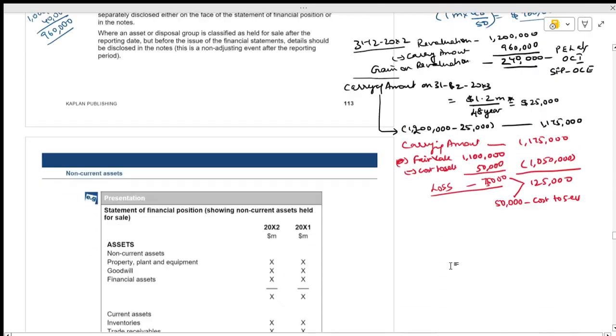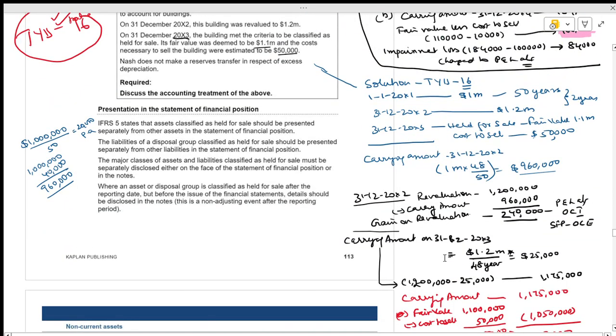Okay. What it says about presentation, how we have to make a presentation. Any asset held for sale should be presented separately from other assets. The liabilities of the disposal group classified as held for sale should be presented separately. And the major classes of assets and liabilities classified as held for sale should be separately disclosed. Means you have to identify everything separately.